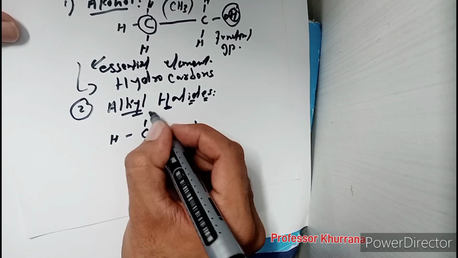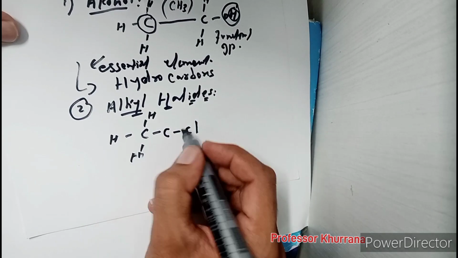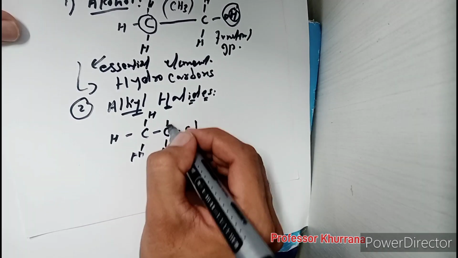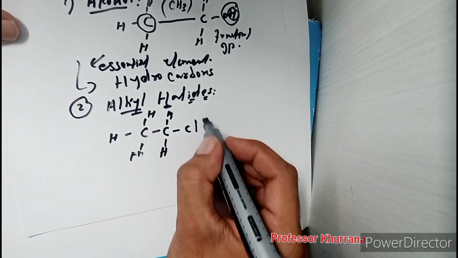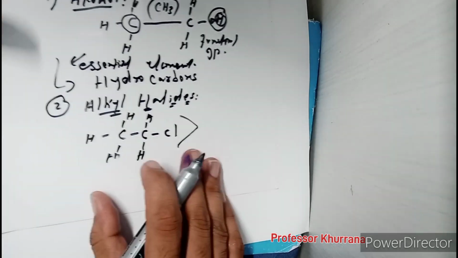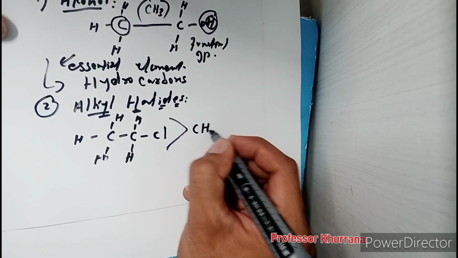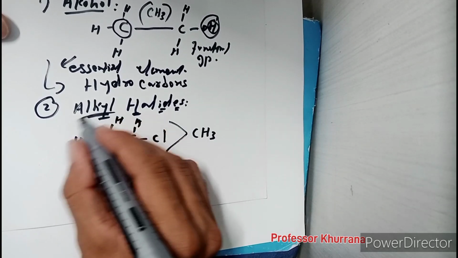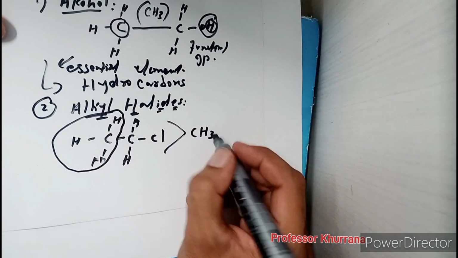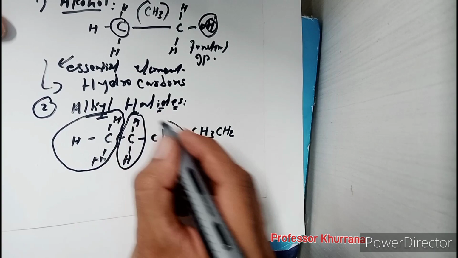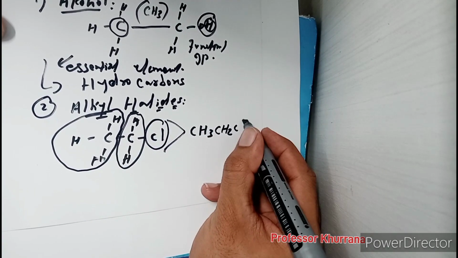Hydrogen is attached to carbon, 3 hydrogens and 2 hydrogens. So it will form CH3, CH2 and Cl.